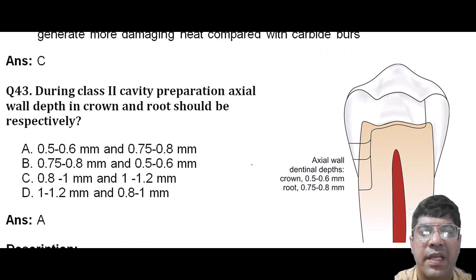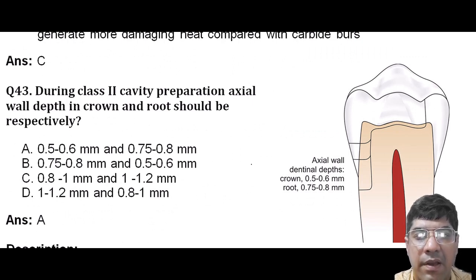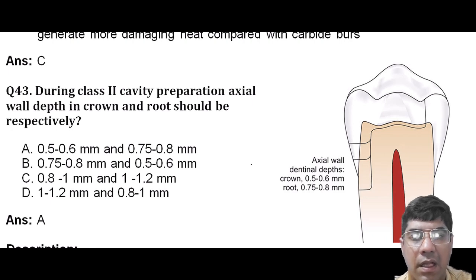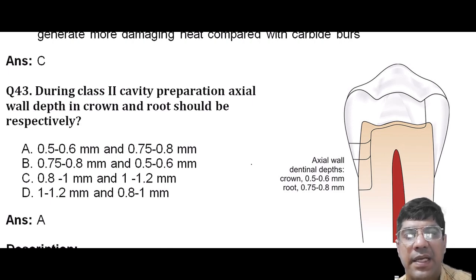During the class 2 cavity, the axial wall depth in crown and root should be what? In class 2 cavity preparation, the axial wall depth in the crown and root are important considerations.